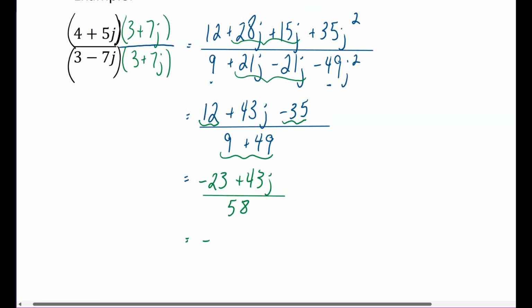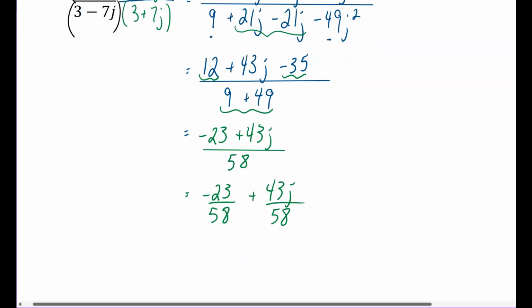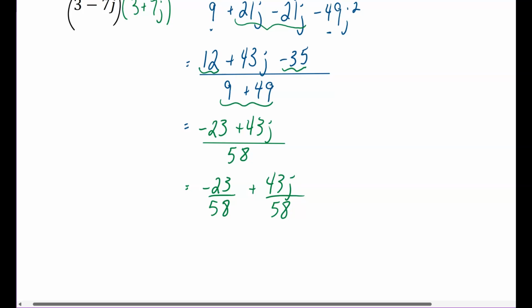So this will be minus 23 over 58 plus 43j over 58. It's still in the form of a rectangular complex number, a plus bj. In this case, a is equal to minus 23 over 58, and b is equal to 43 over 58.